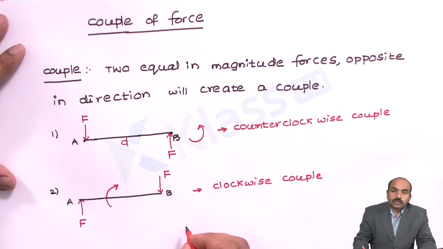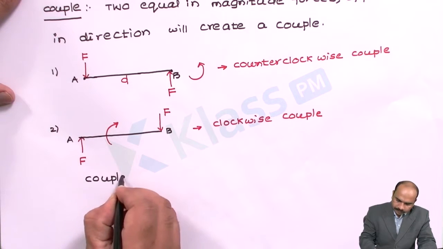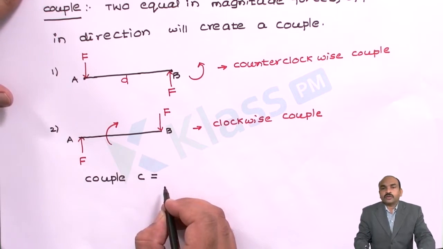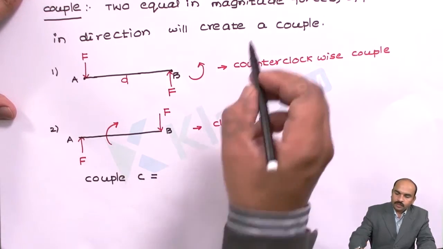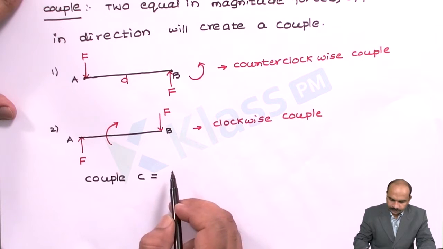Now let us see how to calculate the amount of couple acting on a body. Couple is, let us say, C. We know in this case the two forces are equal in magnitude and opposite in direction.